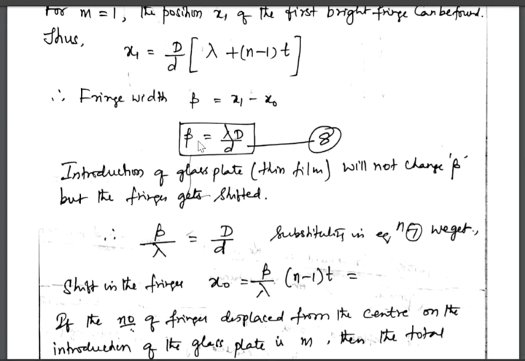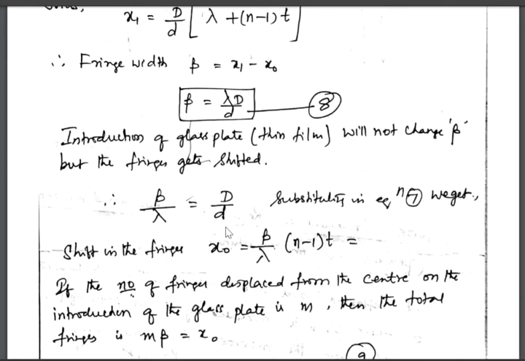From equation 8, we can write beta/λ = D/d. Substituting in equation 7, the shift in the fringes x0 will be (beta/λ) into (n − 1) into t, instead of D/d.